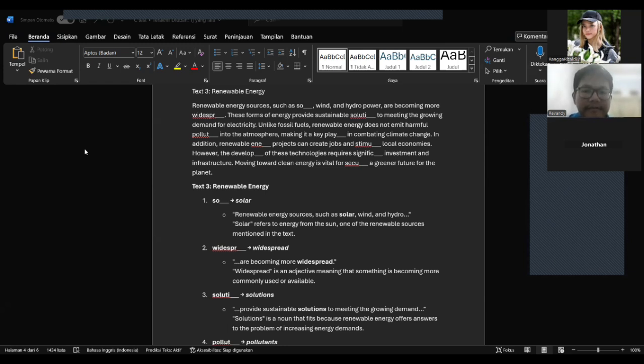Unlike fossil fuels, renewable energy does not emit harmful pollutants into the atmosphere, making it a key player in combating climate change. In addition, renewable energy projects can create jobs and stimulate local economies. However, the development of these technologies requires significant investment and infrastructure. Moving toward clean energy is vital for securing a greener future for the planet.